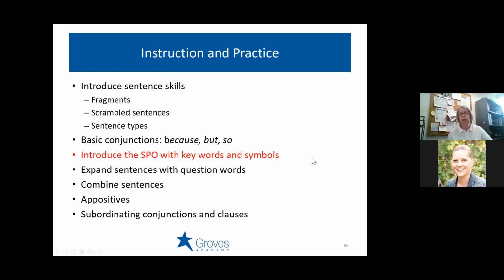Meanwhile, I can start to introduce the single paragraph outline without yet having done all of my sentence development. I introduce that we need keywords and symbols, and we can start introducing writing topic sentences with different sentence types. And gradually, as we expand the types of sentences we're able to do, the paragraph development will improve.